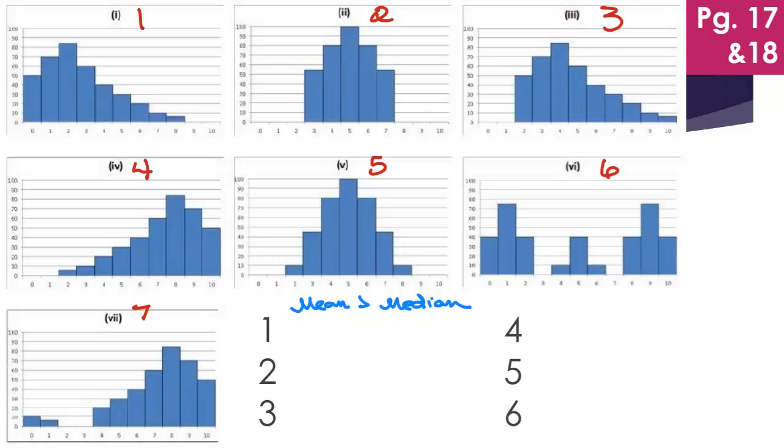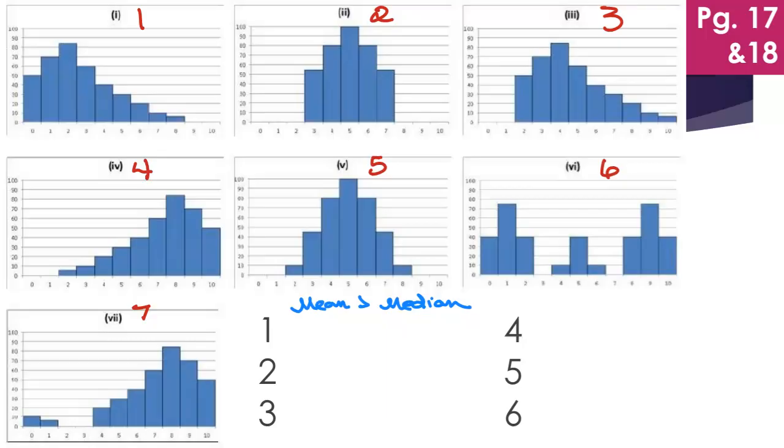So which of these graphs shows the mean greater than the median? Please put away. Yeah, what do you think? That is not an option, but yes. Flip back to 11 if you've forgotten. Yes, what do you think? Graph 1. Why do you think the mean is greater than the median there?